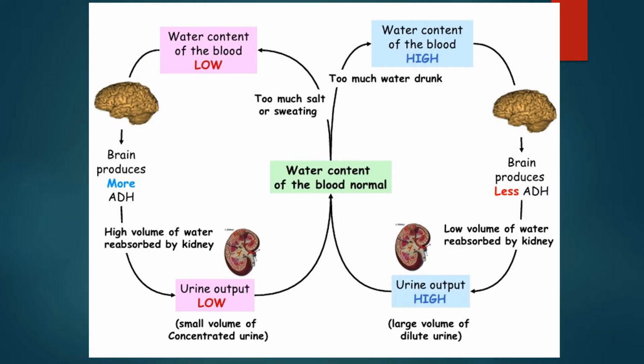The body does not exist in isolation. There is a constant input of water and electrolytes into the system. Excess water, electrolytes, and wastes are transported to the kidneys and excreted, helping to maintain osmotic balance. Insufficient fluid intake results in fluid conservation by the kidneys.